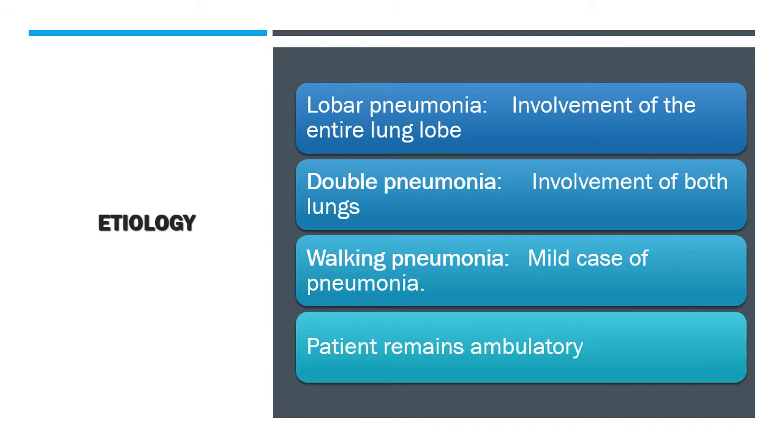Interstitial pneumonia is usually a diffuse and often bilateral inflammation that primarily involves the alveolar septa and interstitial spaces. Double pneumonia is involvement of both lungs.